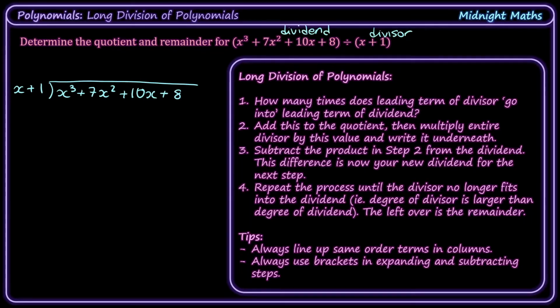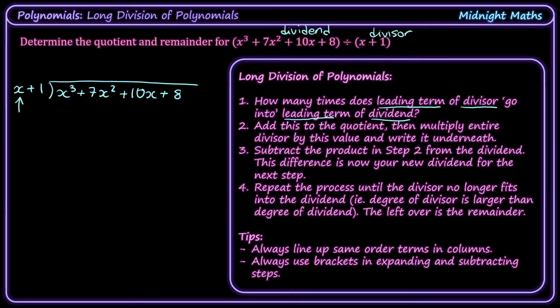Now, I'll read through these steps. Hopefully this will make sense as we go, but it'll probably take a few times for you to get used to the idea. This is saying, how many times does the leading term of the divisor go into the leading term of the dividend? So let's find those terms. Let's start with the leading term of the divisor. That's the x, right?